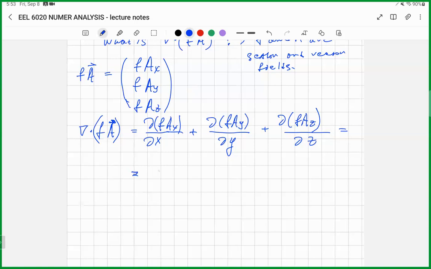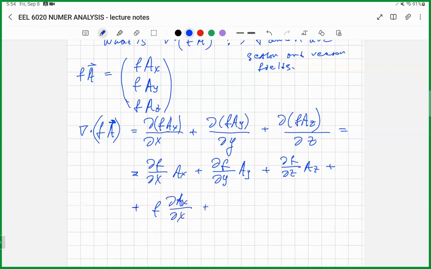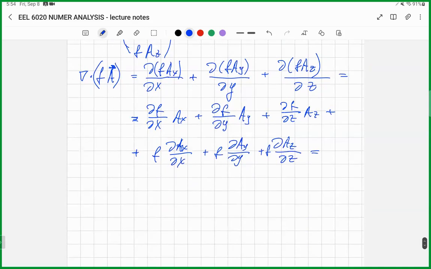It gives me, first, df/dx times Ax plus df/dy times Ay plus df/dz times Az, plus, now, f times the derivatives: f dAx/dx plus f dAy/dy plus f dAz/dz. In this last line, f is a common multiplier, so we can take it out of the parentheses.